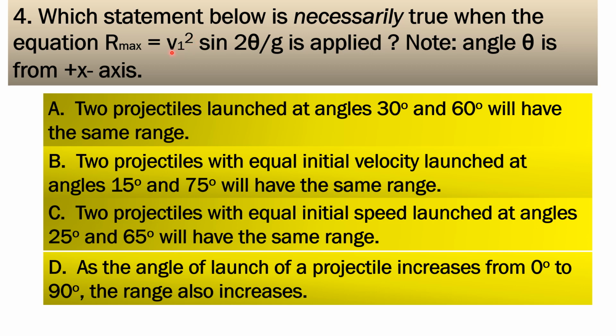We're not talking about the x component of the velocity, but the actual velocity that makes an angle theta above the horizontal. So in using this R max formula, which among the statements A, B, C, D is necessarily true? We note here that the angle theta is from the positive x-axis.